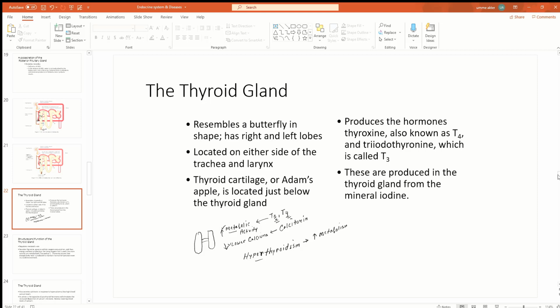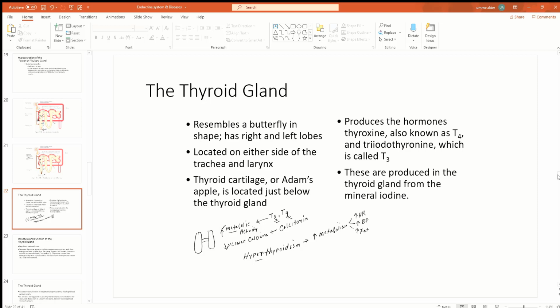Okay. Now, when the metabolism in your body increases, you all know what happens. For example, when you do exercise, metabolism increases, right? So what are the changes you see in the body? Heart rate goes up, right? So palpitation or increased heart rate, increased blood pressure, okay, increased fat burn.